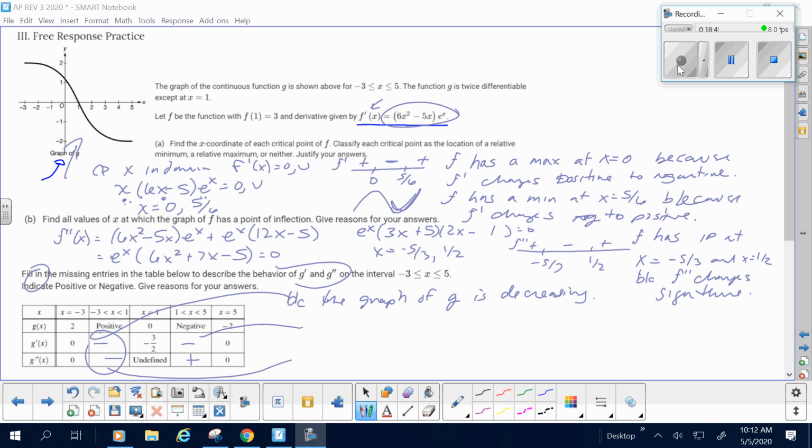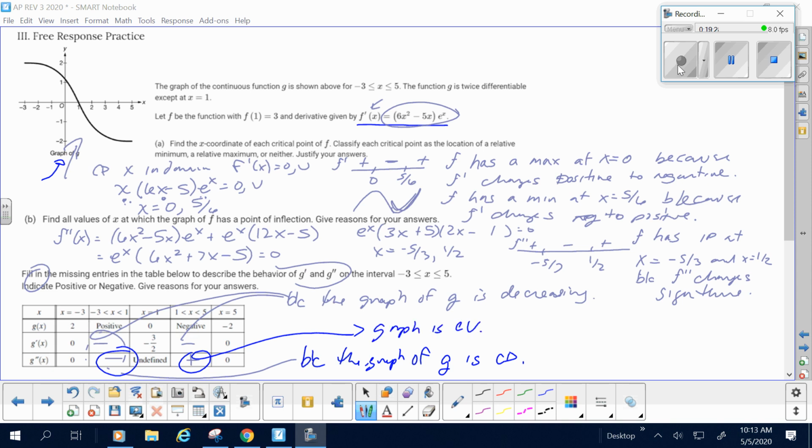I circled the wrong thing. First derivative is negative in both places because the function is decreasing. The second derivative is negative from negative 3 to negative 1 because the graph of G is concave down. And in this case, the second derivative is positive because the graph of G is concave up.